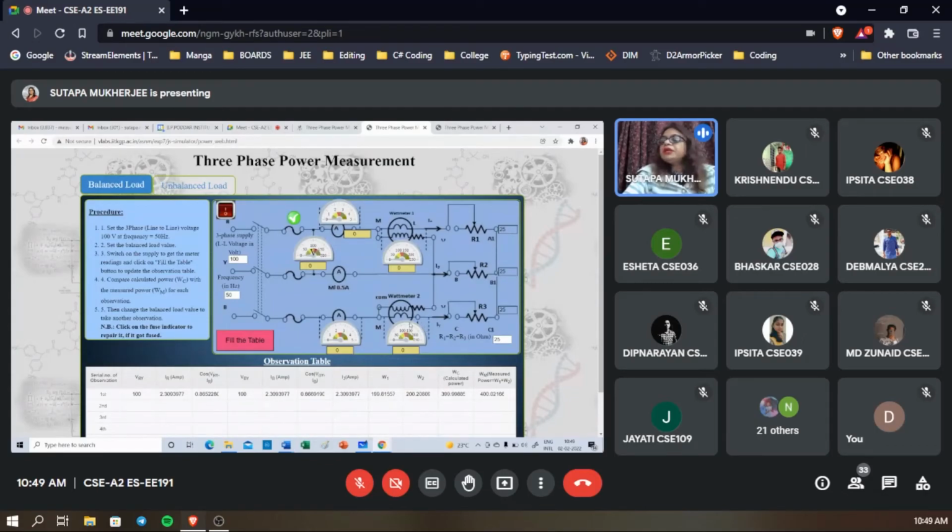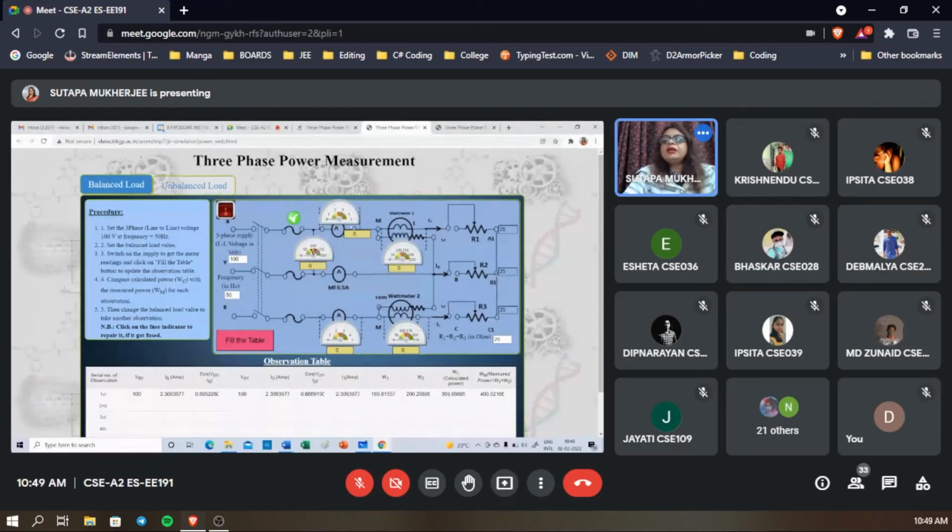So VL equal to what? 100 volt. And IL equal to what? 2.31. And cos 30 is equal to √3 by 2. So 100 into 2.31 into √3 by 2 will give approx 200 watt. And W2 is the same, VLIL cos of 30 minus phi, so it will also give 200 watt.